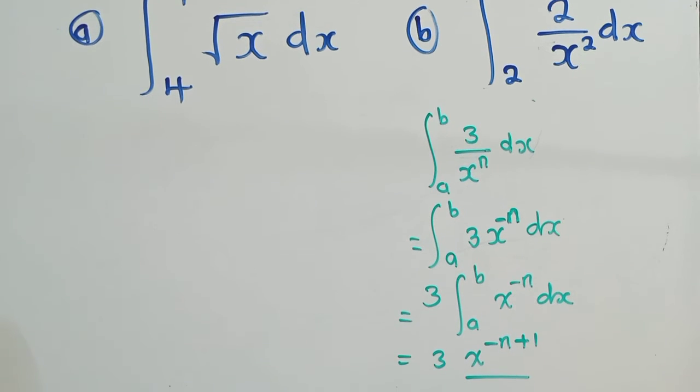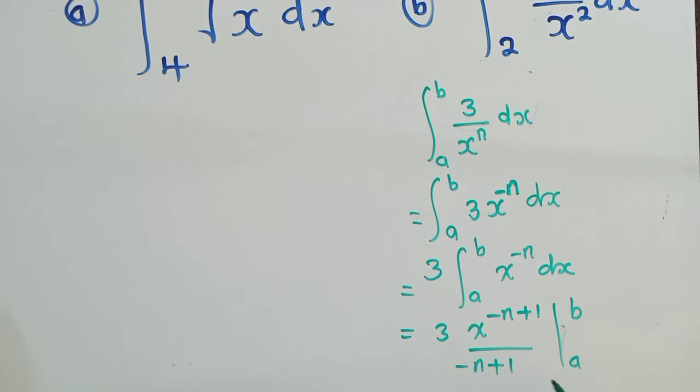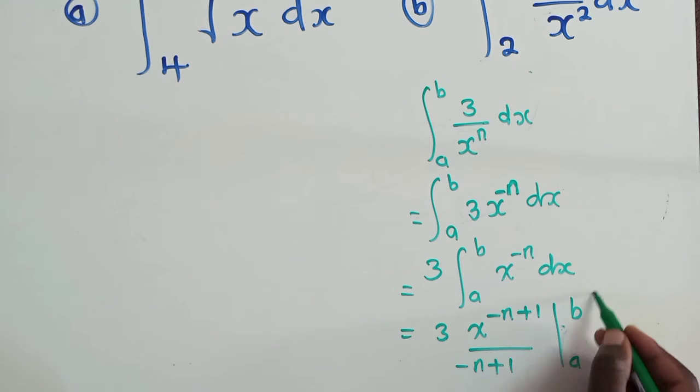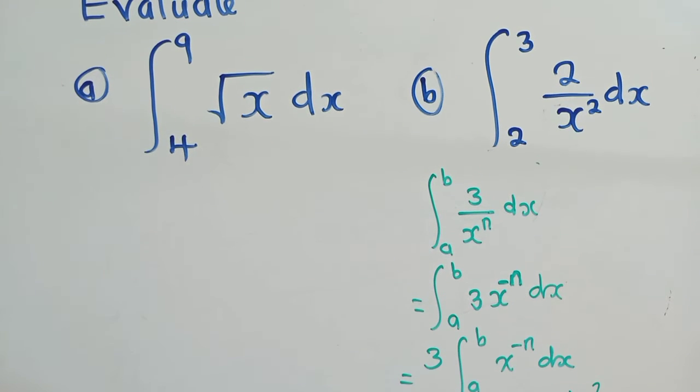The same rule of integrating, and then the limits here, we have a and b. So these are the steps that we need to follow. Next, we just plug in the limits here and here. If you watched the previous videos, from this stage I think it's way easier for you to work it out. So now let's follow these steps to answer question B.